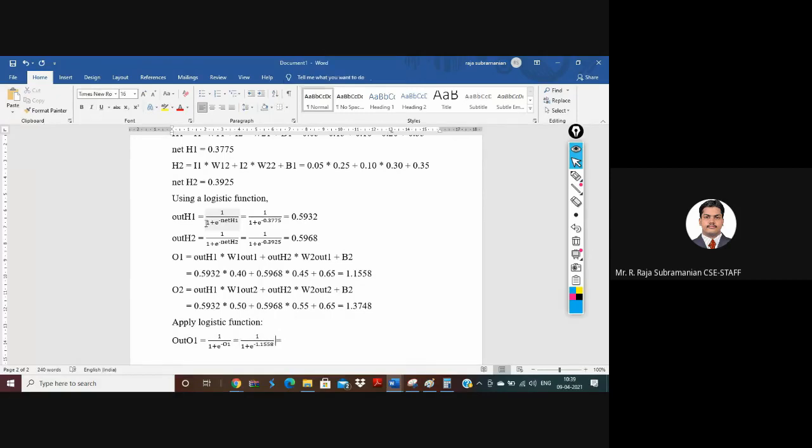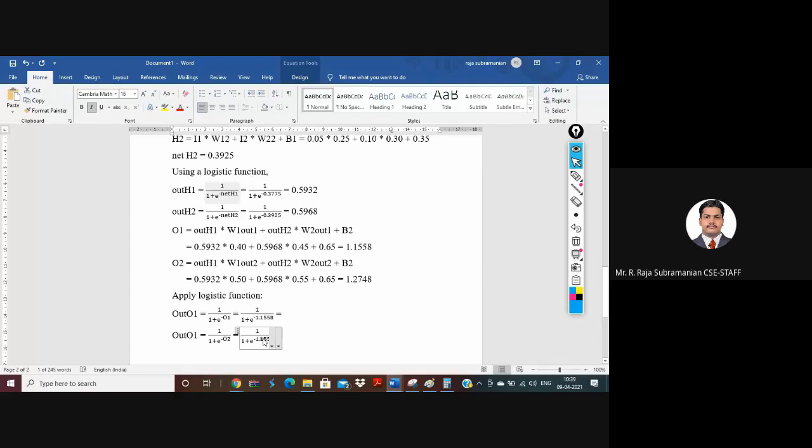And for out O2 I can calculate the same, with 1.2748.